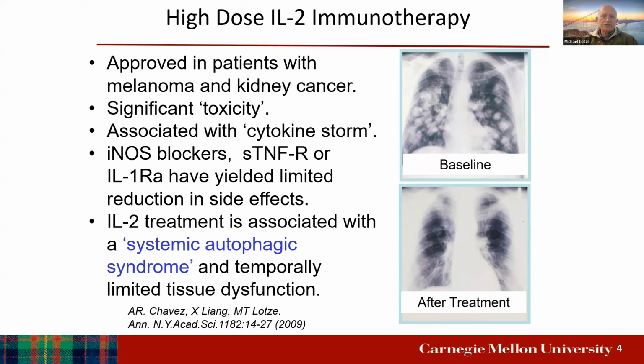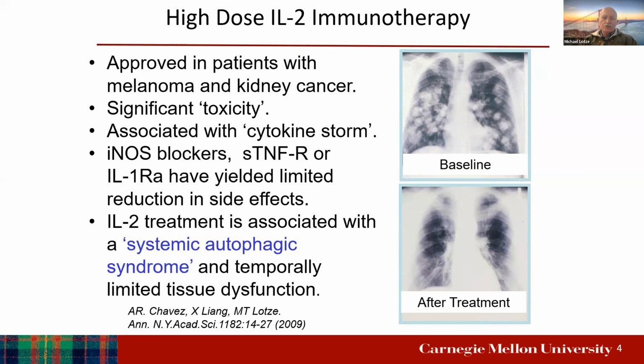And we believe that that's associated with this cytokine storm that changes the biology of each of these individual organs. And although there have been multiple attempts over the last couple of decades to try and limit that toxicity, none of them have really been effective in terms of reducing side effects without affecting the anti-tumor effects.